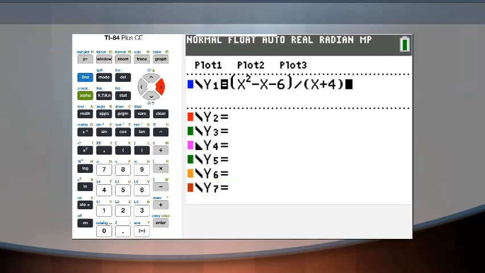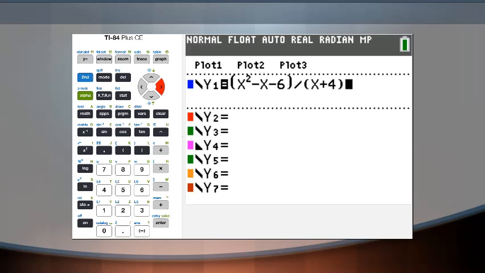Now, we're going to jump over to the graph, see what the graph of this rational function looks like. Okay, so here I'm back at y equals, and I have, again, to save a little bit of time, gone ahead and entered the rational function where I've got, and I put both in the parentheses, x squared minus x minus 6, close my parentheses, divided by, in parentheses, x plus 4. So there's my rational function.